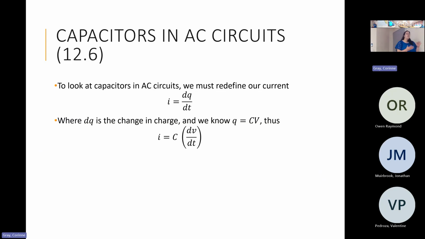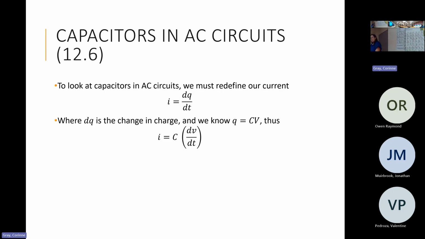And if the capacitor itself is just a standard capacitor, the capacitance value is fixed. So I can pull that out, and now we have an equation that the current is going to be equal to the capacitance times the voltage being taken as the derivative with respect to time.